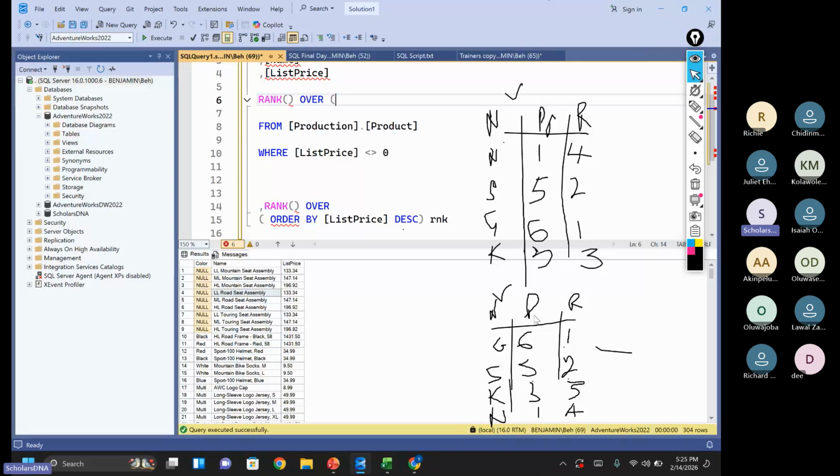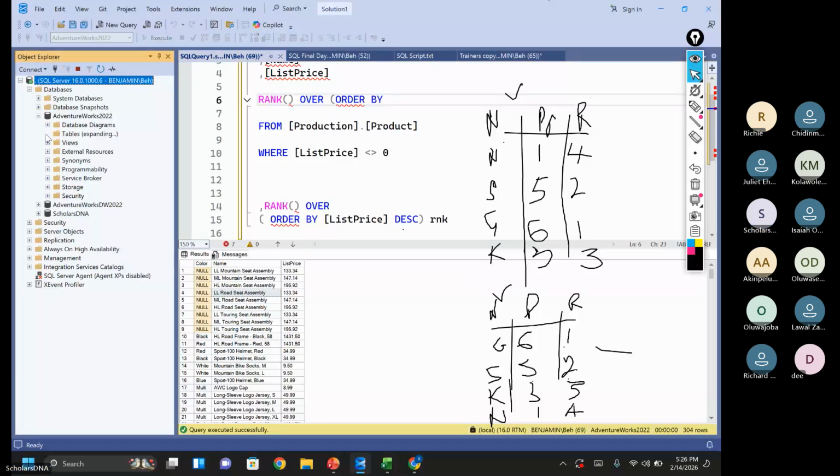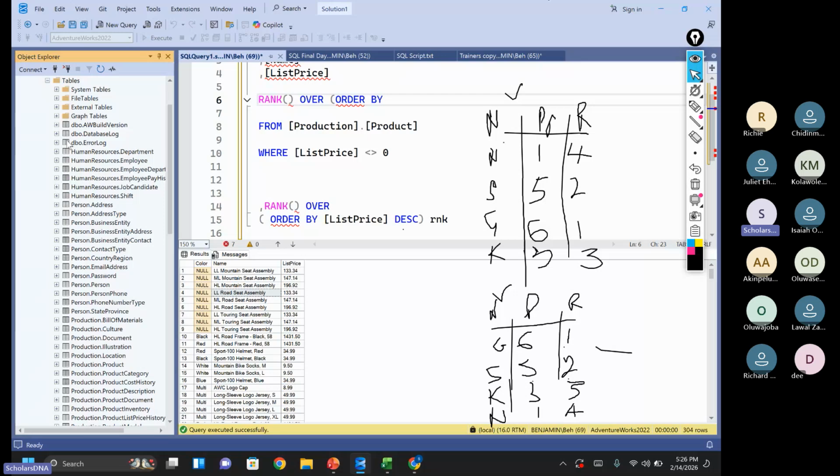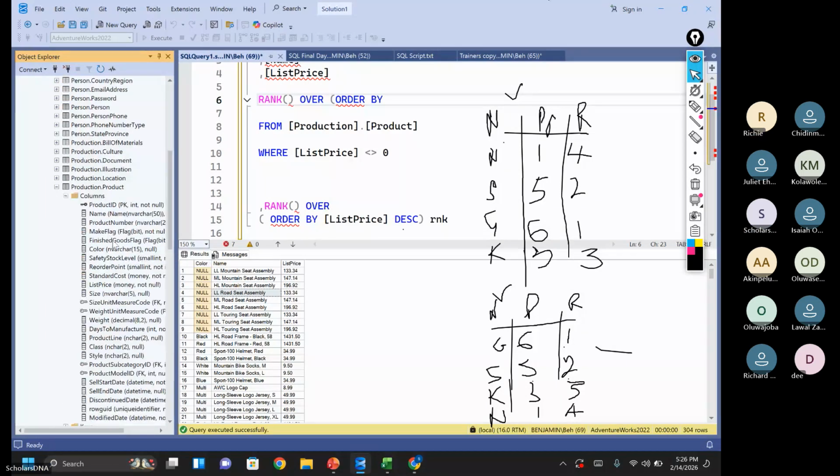But before you rank over, please order by first, the list price.